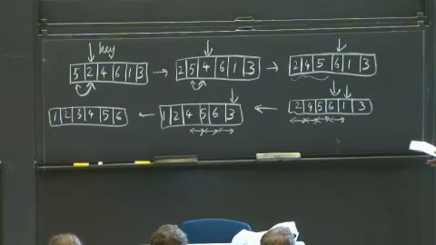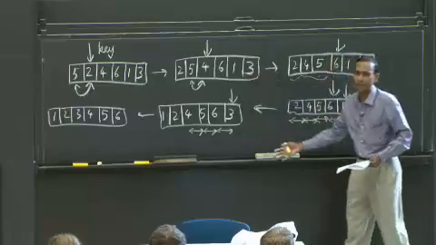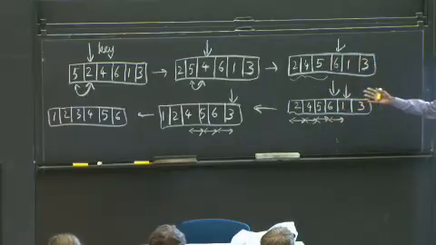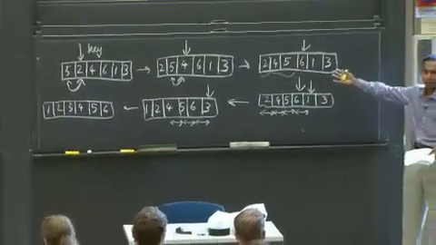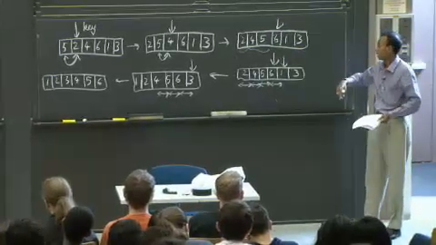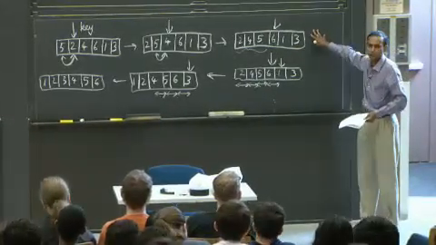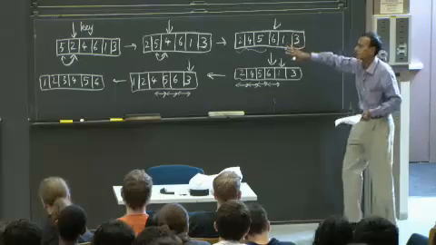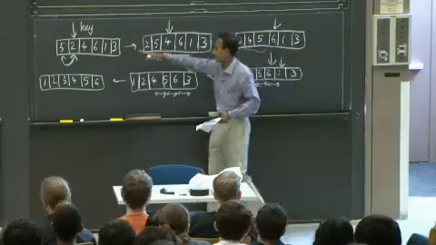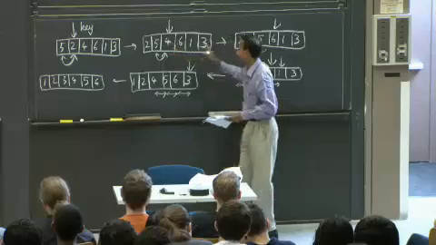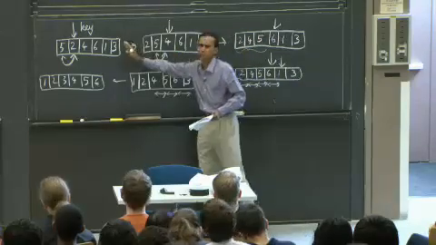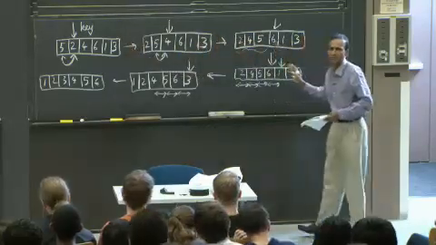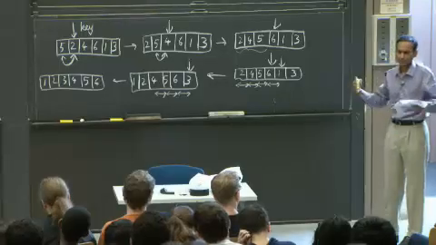So, analysis. How many steps do I have? I guess that wasn't a good question. If I think of a step as being a movement of the key, how many steps do I have?